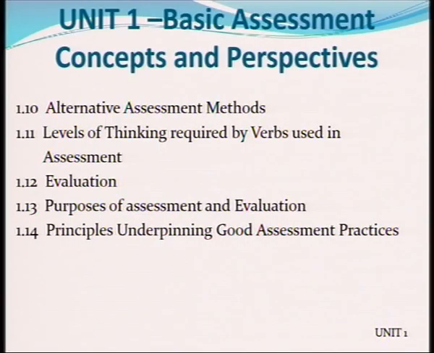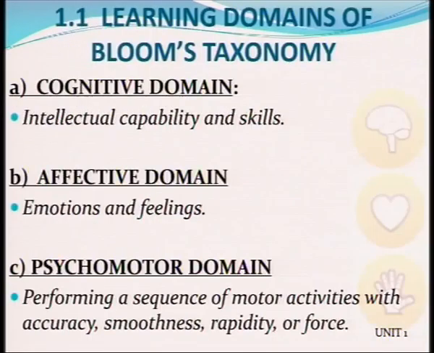Okay. All right. So we'll be moving on to look at point 1.1, the 3 different learning domains of Bloom's taxonomy. You get 3 different domains, which are the cognitive domain, the affective domain, and the psychomotor domain. The cognitive domain refers mostly to the intellectual capability and skills of the learner.